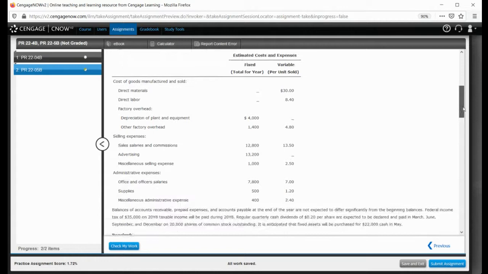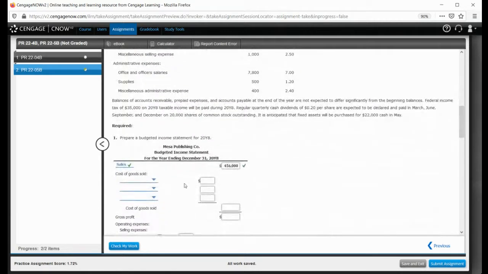So on your cost of goods sold portion of the budgeted income statement, your titles are going to be direct materials, direct labor, and factory overhead. These are the cost of the manufacture of the product, and that's what you're going to put in for your titles that go under cost of goods sold.